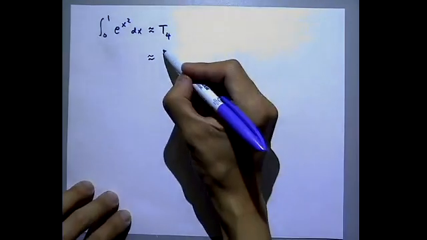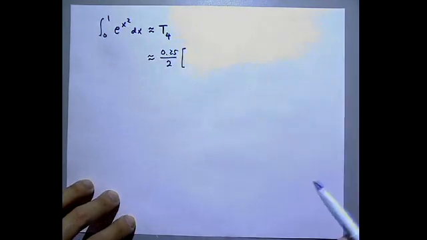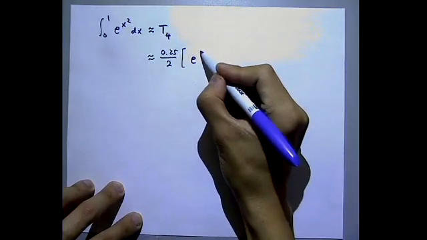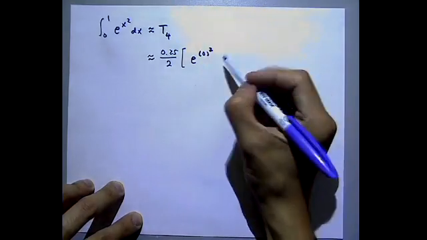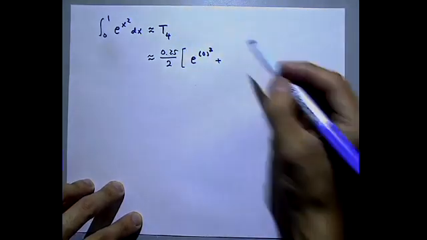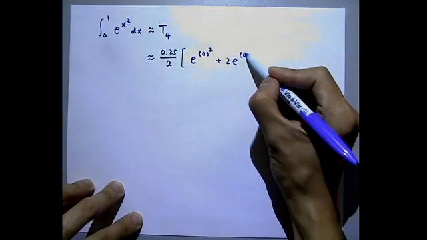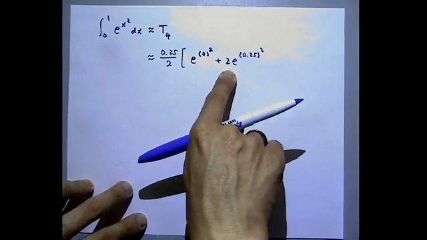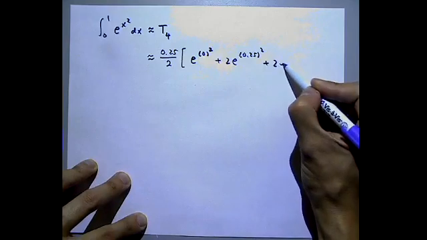Okay, so this is what the trapezoidal rule would give us. Delta x over 2, the first point, that's the left boundary at x is equal to 0. But it doesn't get a 2. And then the next one, at x is equal to 0.25, it gets a 2. That's a side between 2 trapezoids. It gets a 2. And then another one.